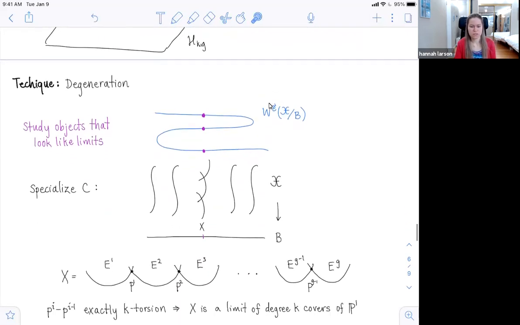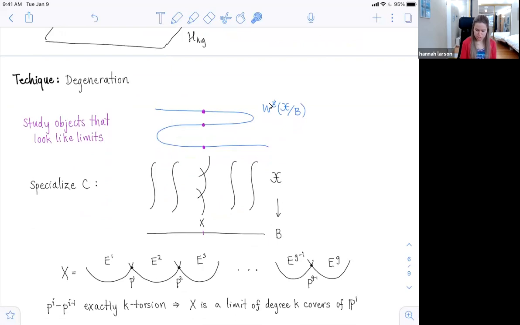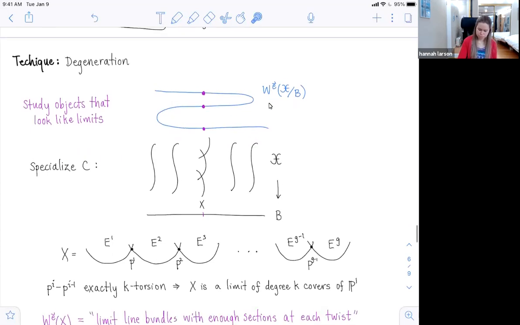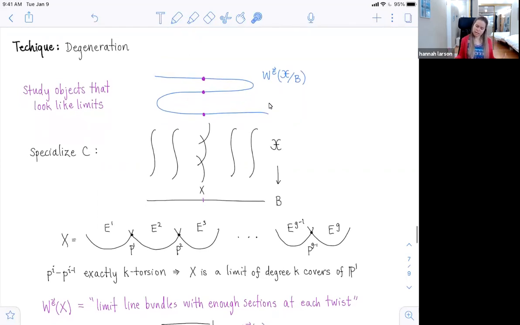So for us, we are going to specialize to a chain of g elliptic curves, and we're going to attach these curves to each other so that the difference of any pair of nodes is k-torsion. And then we defined W^E(X) to be the limit line bundles with enough sections at each twist.